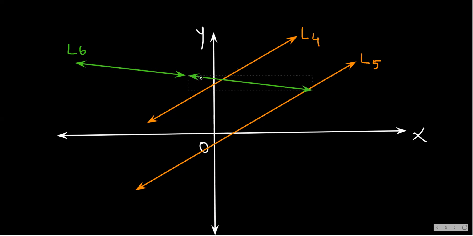See, it will intersect. It will definitely intersect both of these lines. Why? Because L6 is not parallel to L4 and L5, so they will intersect. Okay, this is about 2D, but now let's come to 3D.